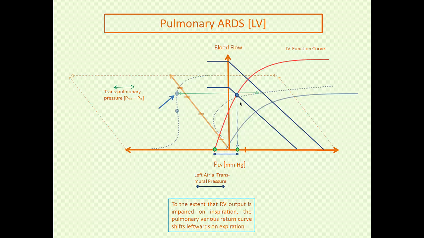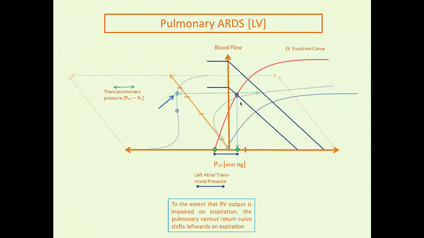Remember, with inspiration, with high RV afterload, you can temporarily diminish RV output, and then a few cardiac cycles later, that would be reflected in diminished pulmonary venous return. So you may actually have diminished LV output, not as a function of decreased right ventricular preload, but as a function actually of increased right ventricular afterload that is diminishing its forward flow, and therefore in turn diminishing LV output.